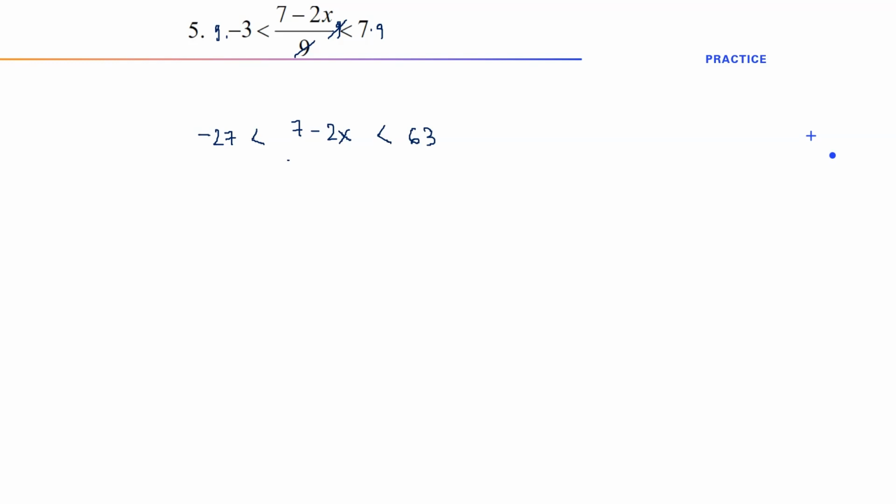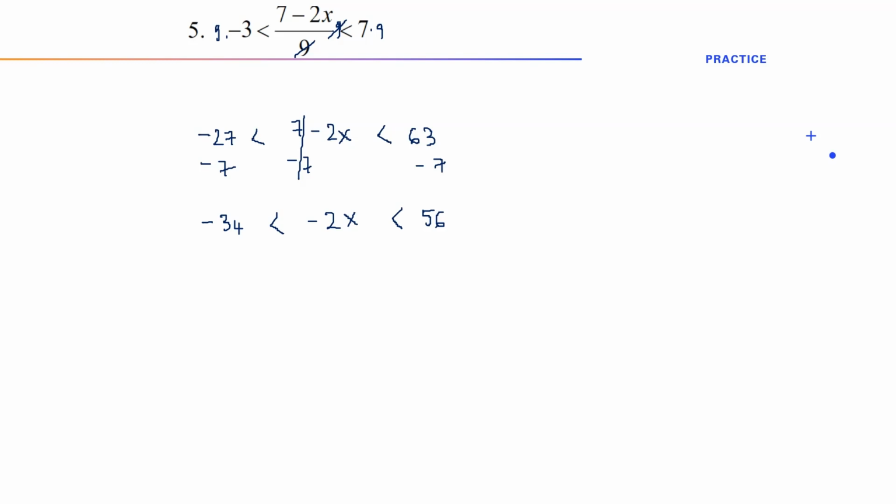Now we subtract 7 from all sides. Negative 27 minus 7, so it's more negative, is negative 34, less than negative 2x, less than 63 subtract 7 is 56.